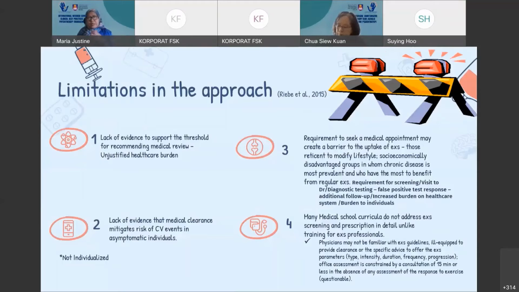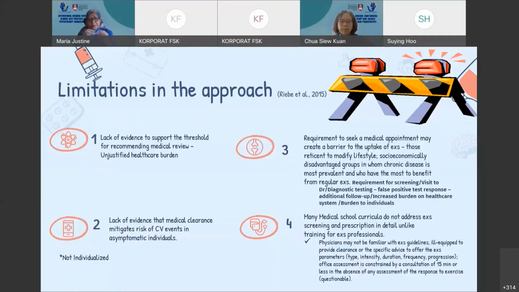Because of this, they found that there is a lack of evidence to support the threshold for recommending medical review, and a lack of evidence that medical clearance mitigates the risk of cardiovascular events in asymptomatic individuals. This has become the reason why they revised the models. The third reason, to me the most important, is that the requirement to seek further medical examination creates a barrier to the uptake of exercises.